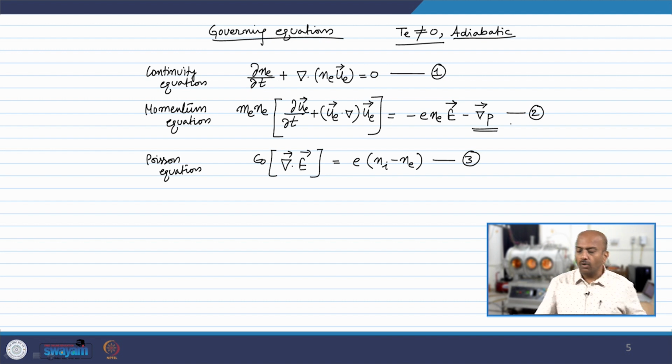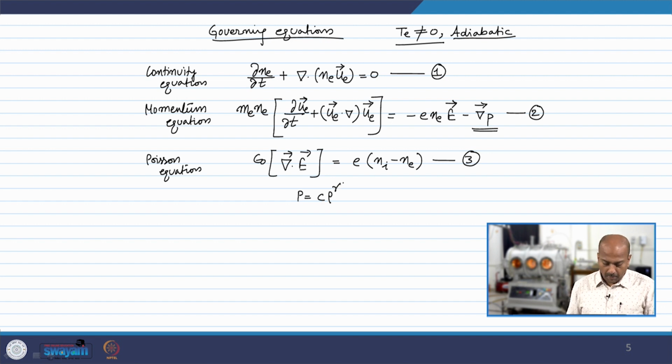But this seems to be the change that we have brought in, right? So, let us see how the temperature is actually responsible for setting up the pressure gradients in the plasma. If you bring the ideal gas equation, P is C times rho power gamma, P is the pressure, C is a constant, rho is density, gamma is the ratio of specific heats.